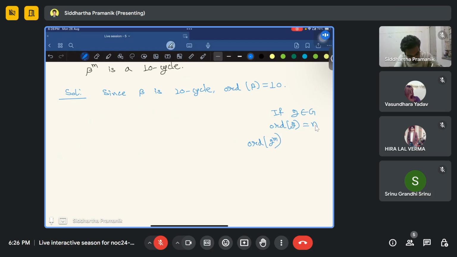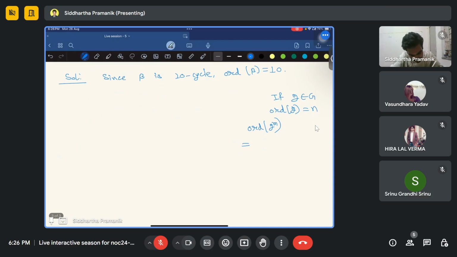We have seen some formula, right? If you have attended my live session 2, then I have done this. So this is basically n divided by GCD of n comma m. You should remember this formula.